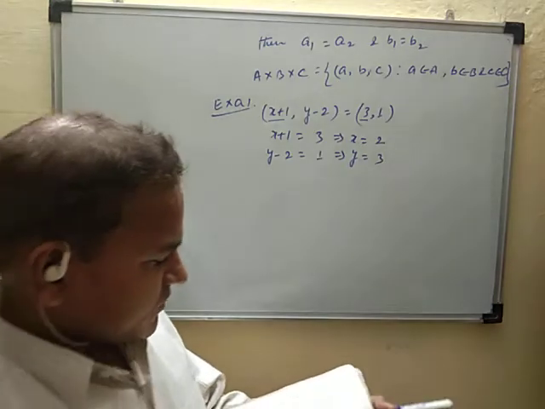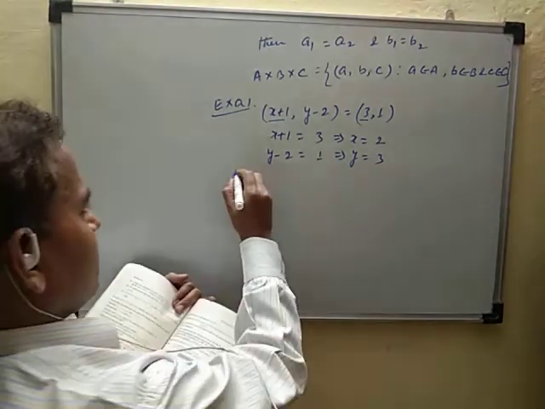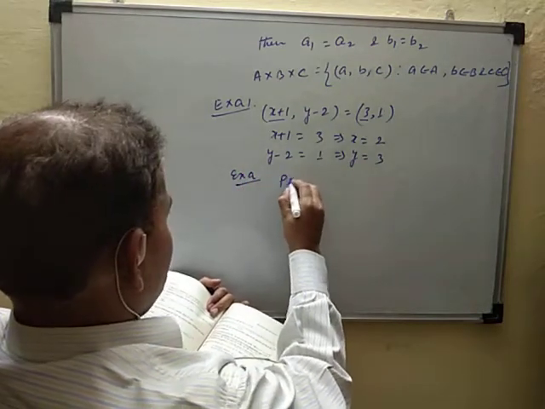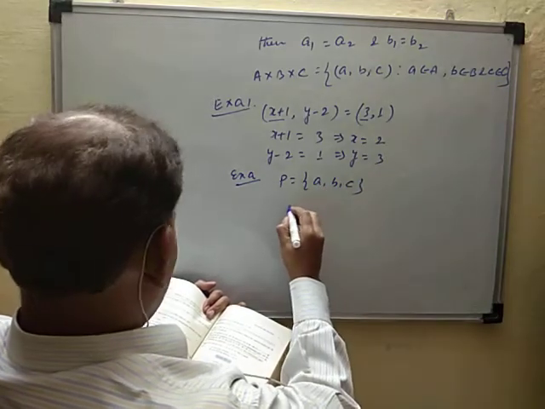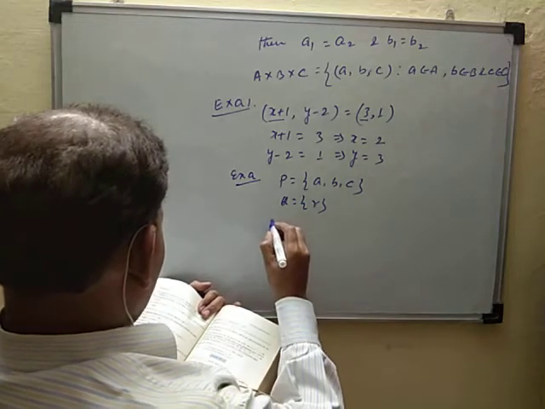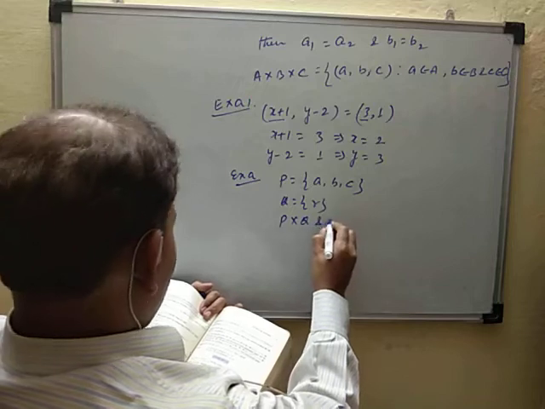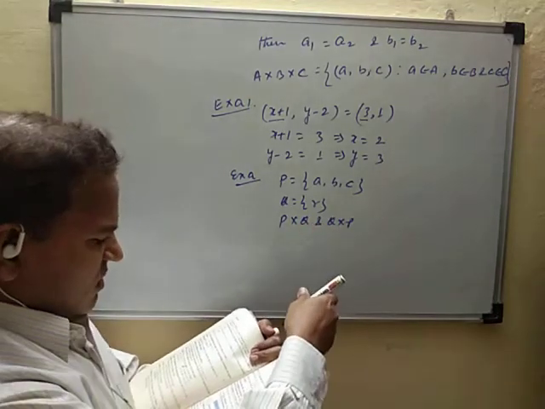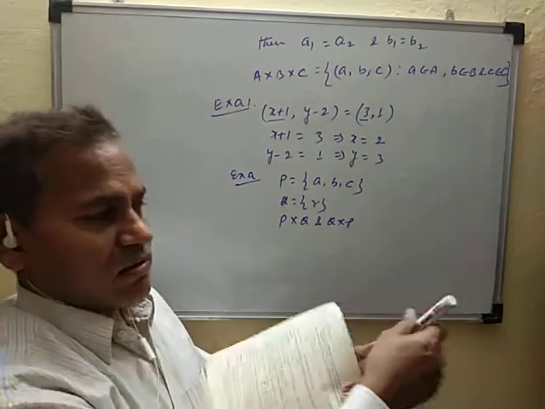And example number 2. Here set P given A, B and C and Q given R. From the sets P cross Q and Q cross P, are these two products equal?